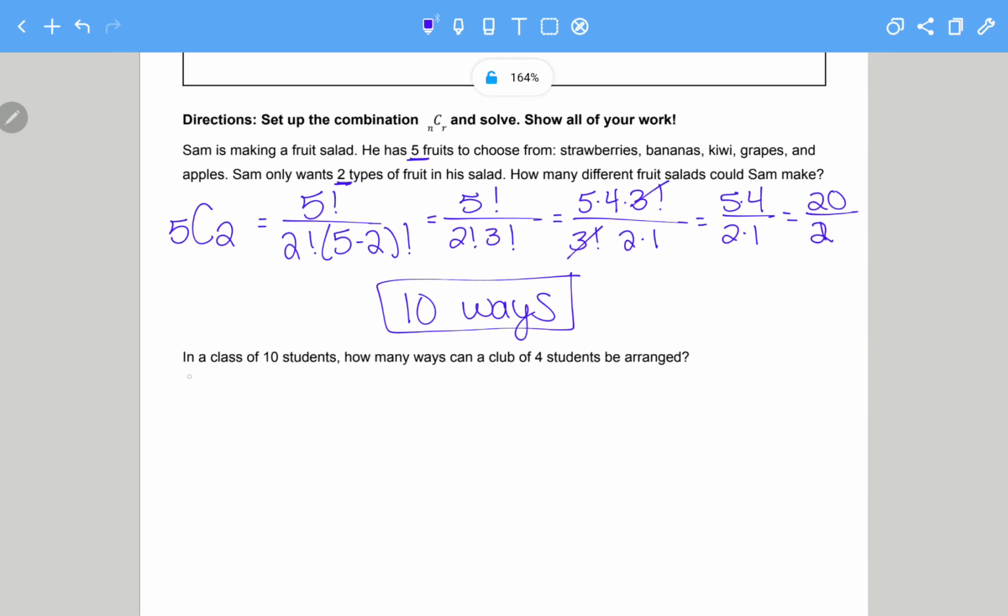Okay, last one. In a class of 10 students, how many ways can a club of 4 students be arranged? So how many are we choosing from? 10. How many are we choosing? 4. So 10 combination 4. Put those into your formula. Replace your values.